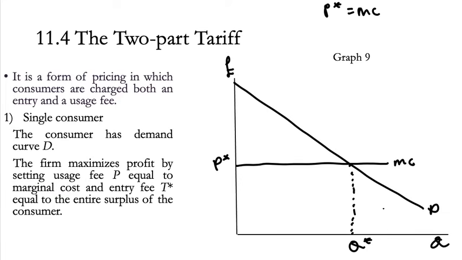Therefore, the entry fee is basically this triangle, isn't it? So this is T star. Can you see, if the entry fee is this T star, which is this triangle area, if you calculate it, it is very huge in terms of payment. So you can see the membership fee is extremely expensive.